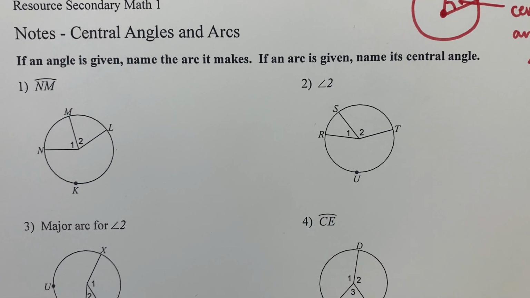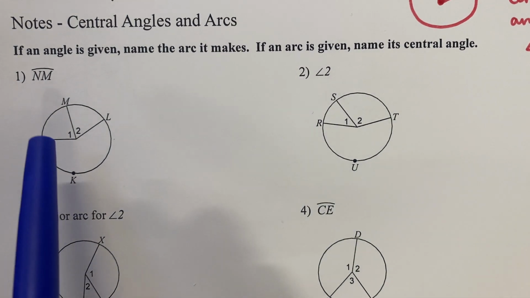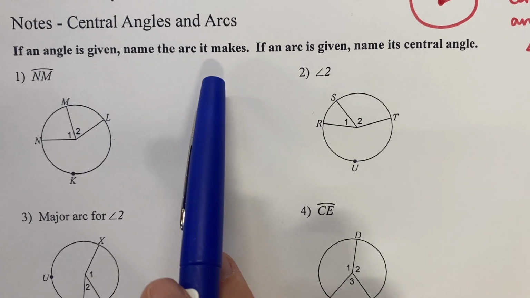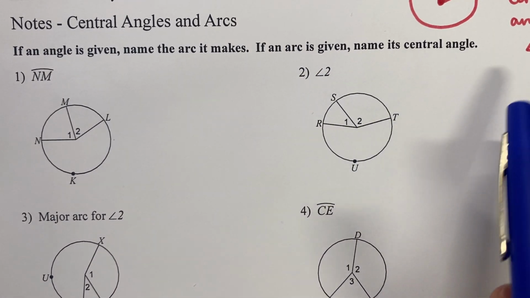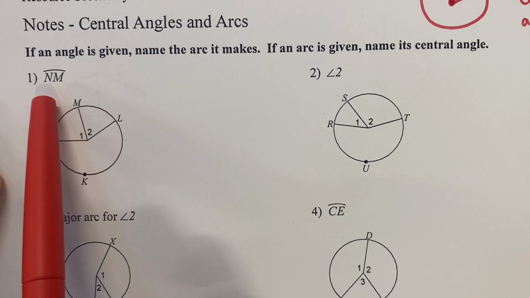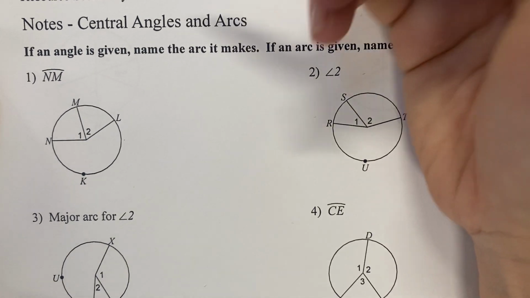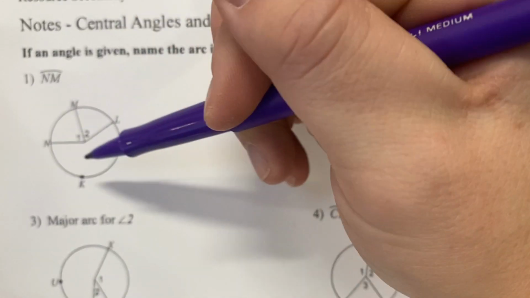Let's go ahead and look at numbers 1 through 4. If an angle is given, name the arc it makes. If an arc is given, name its central angle. It's giving us arc NM. There are a couple of different ways you can look at this.